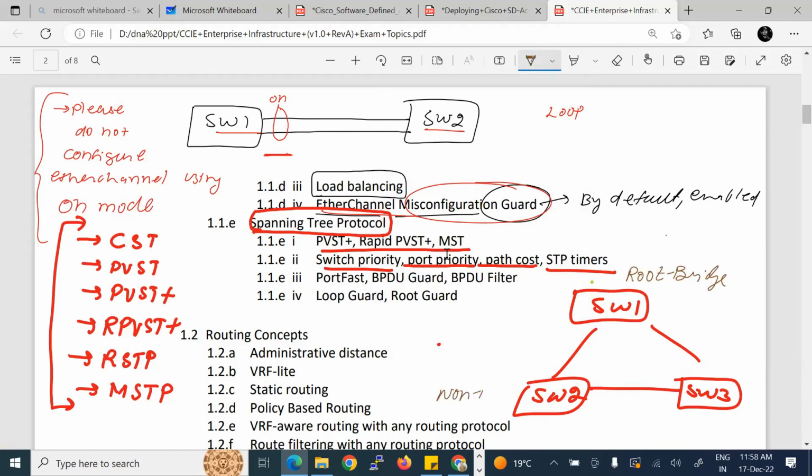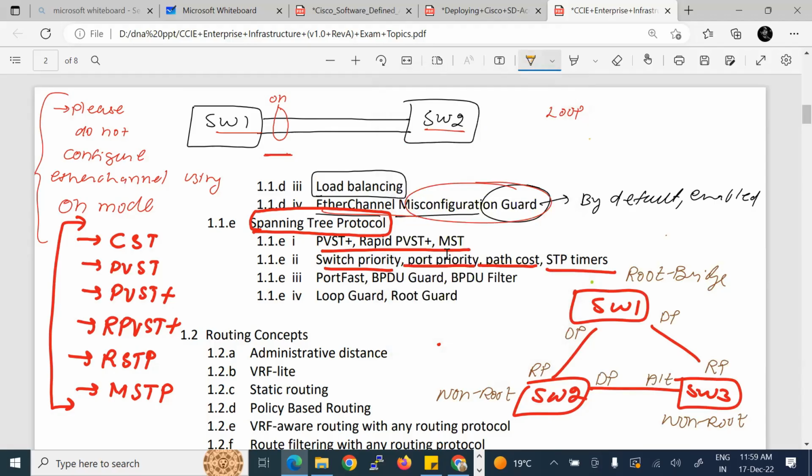Then all other switches will become non-root. A few ports will become DP, one of them will become RP, and one of the links will become alternate. Then we have STP states.